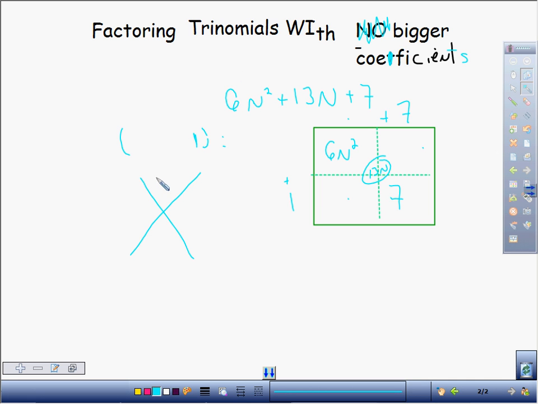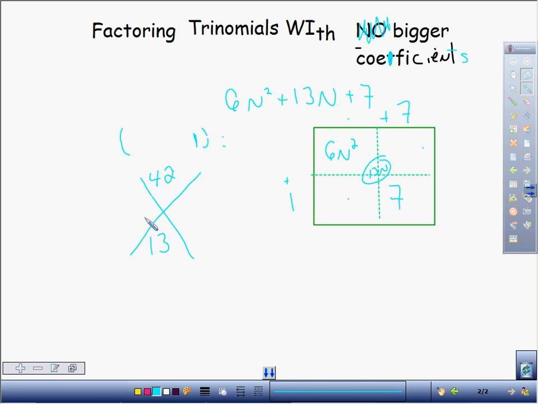What is 6 times 7? 42, okay? 42 goes up here. And then down here goes your 13n, really, okay? Isn't that right? That's right, okay?